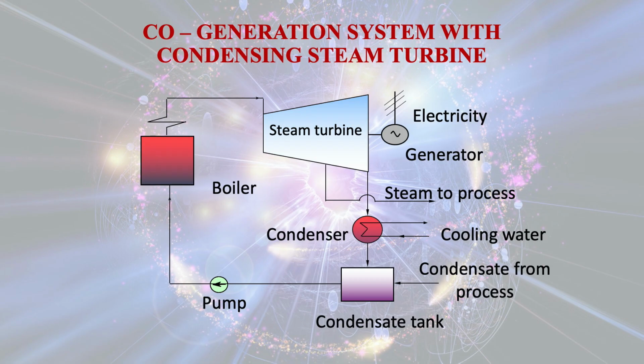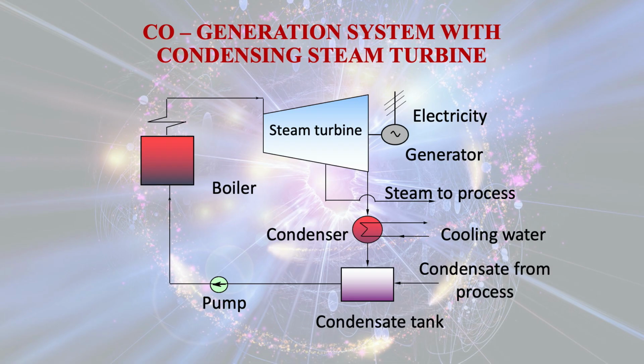This is the block diagram of cogeneration system with condensing steam turbine. In this process, there are important components like the boiler, which is producing high pressure, high temperature steam, and the heat we are getting by burning of fuel inside the boiler.